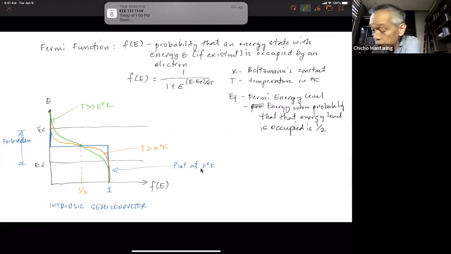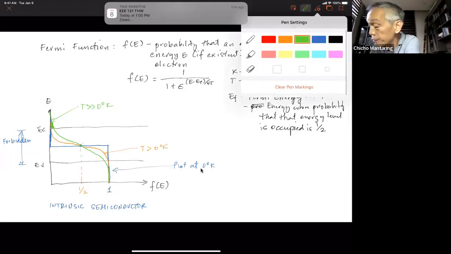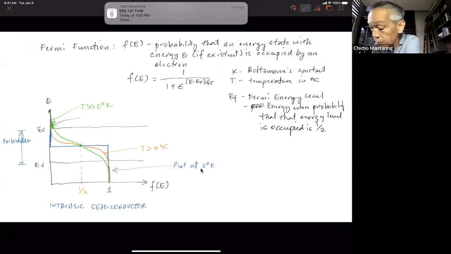If you take a look now at this plot, take note here, at this point, the probability that your electron can exist is no longer equal to 0. So here, it is now possible for electrons to exist. Although the probability is still very small, it is possible for electrons to exist.